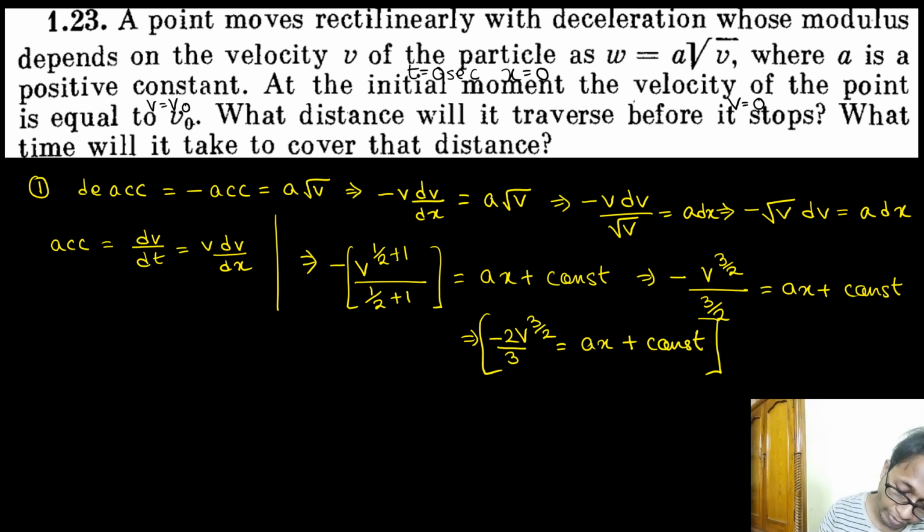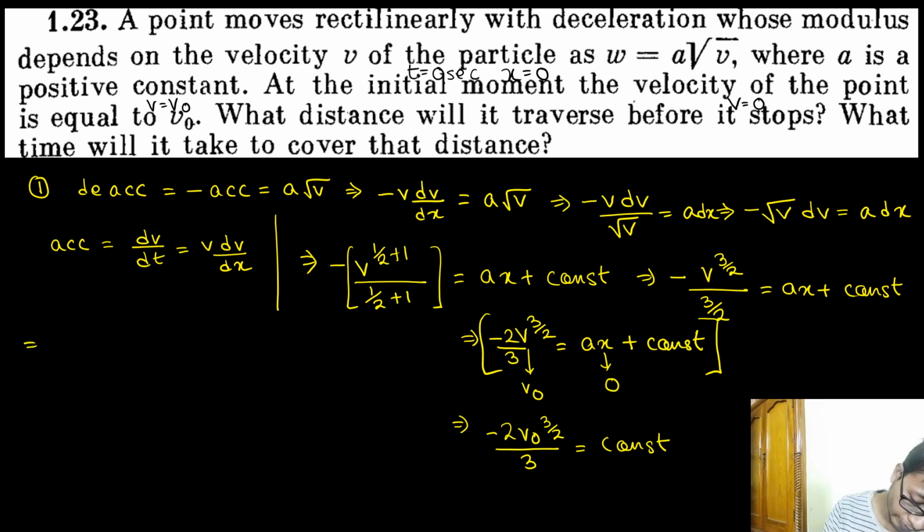So when you apply that boundary condition at x equal to 0, v equal to v naught, here minus 2 v naught to the power 3 by 2 divided by 3 is equal to the constant. Applying the constant in this equation, we get minus 2v to the power 3 by 2 divided by 3 is equal to ax minus 2v naught to the power 3 by 2 divided by 3.